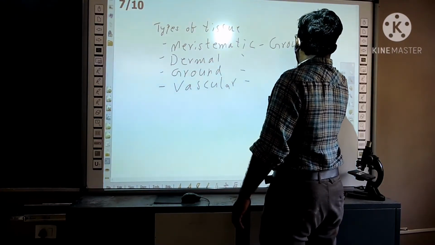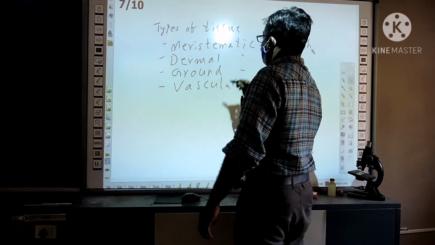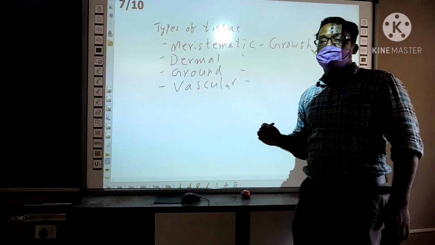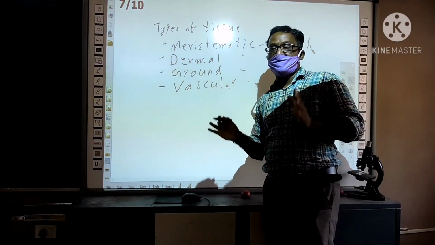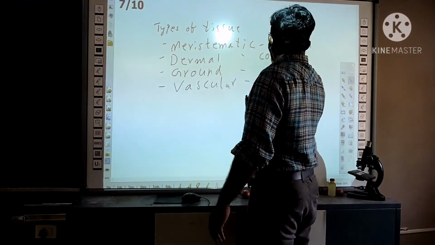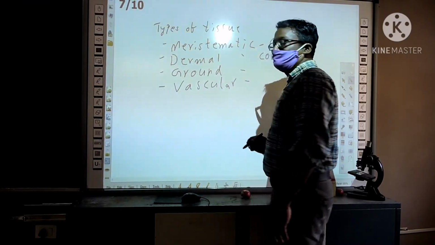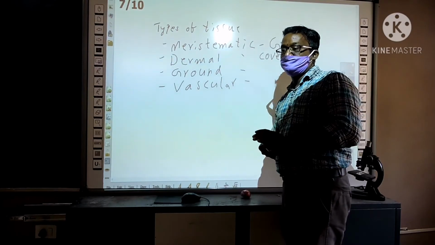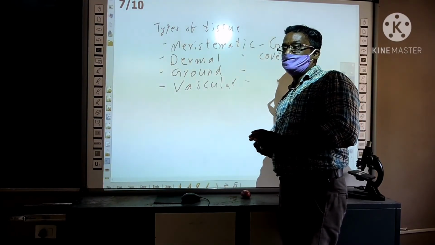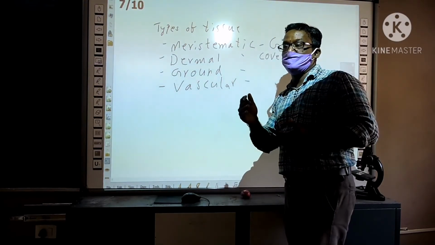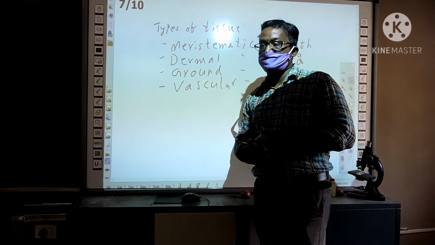Responsible for growth. And what is the function of dermal tissue? Outer covering and protection. What is the function of ground tissue? They give bulk to the body. Understand? And some of the ground tissue is responsible for storage and photosynthesis also.